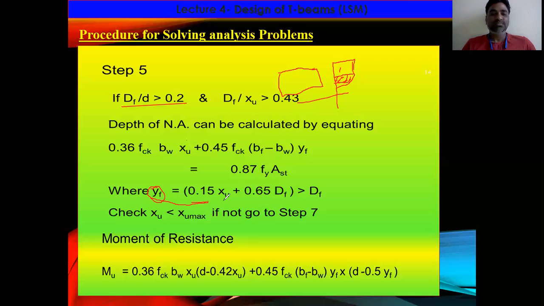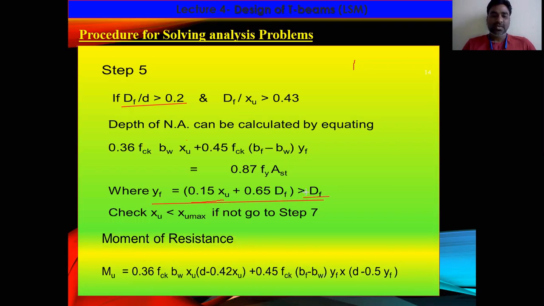By using this modified thickness, you can determine the moment of resistance of the section, right? So how to determine this modified thickness? It is calculated using this formula suggested by IS 456 2000, that is YF equals 0.15 XU plus 0.65 DF, and in no case should it be greater than DF.